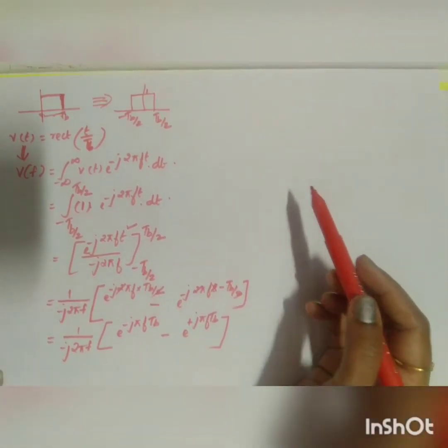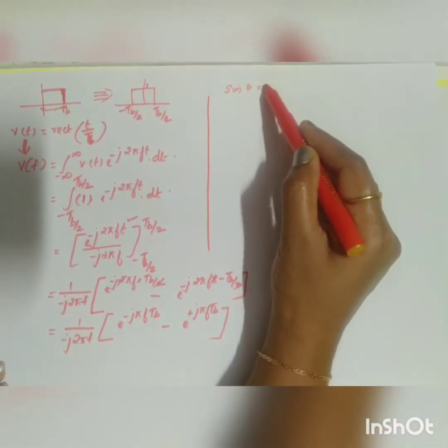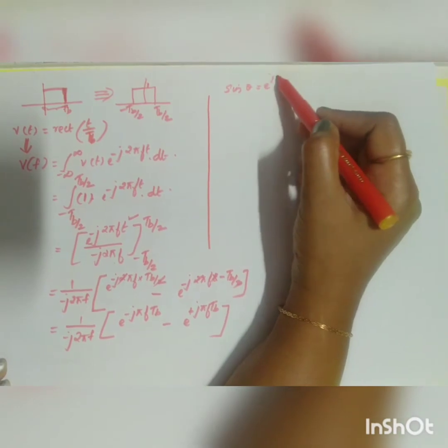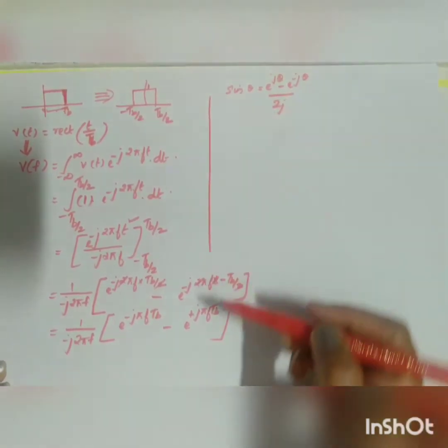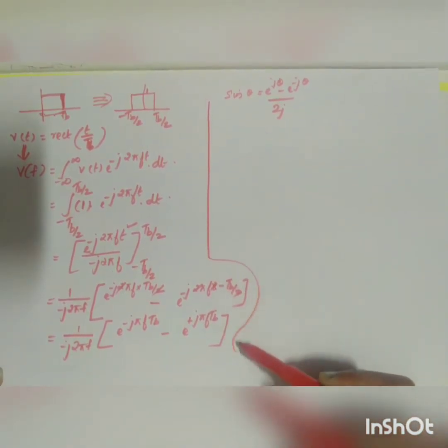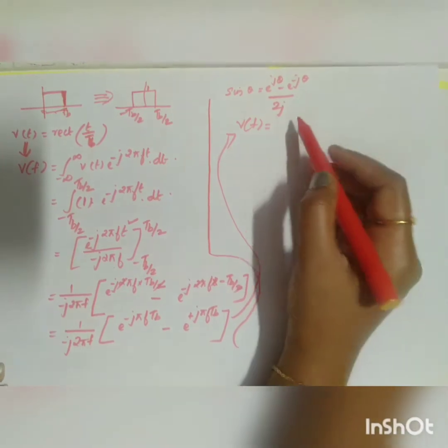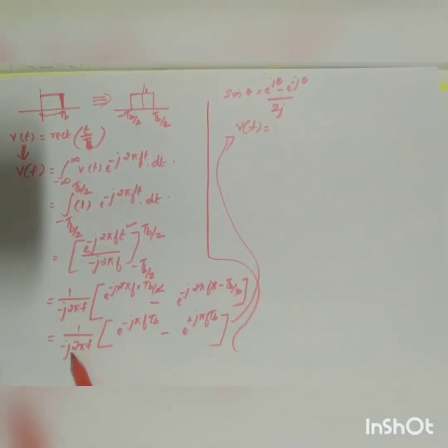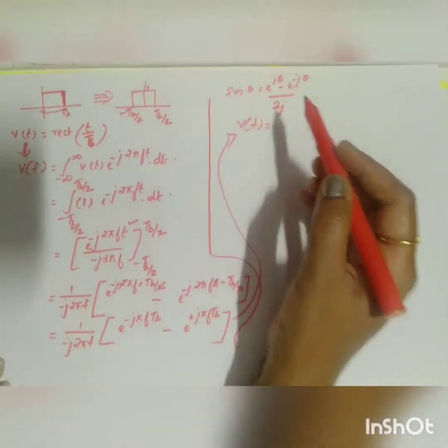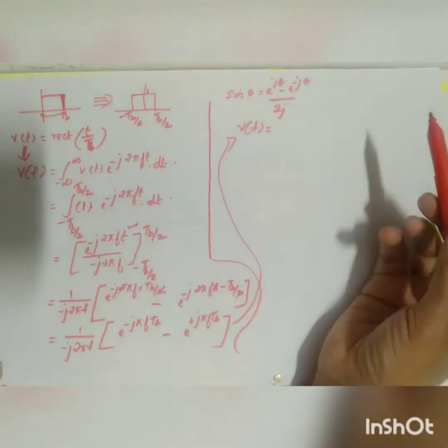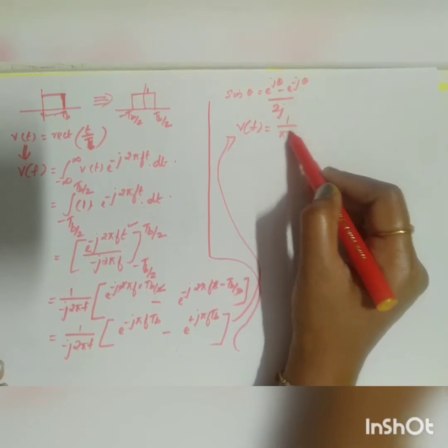So now you know that sine theta formula, right? Sine theta is equal to e power j theta minus e power minus j theta divided by 2j. Can we simplify or convert this into this form? So what you will be getting, v of f is equal to, I am going to make this 2j, I am going to bring it inside. And this minus, if I take it to the numerator, what you will be getting, 1 by pi f.